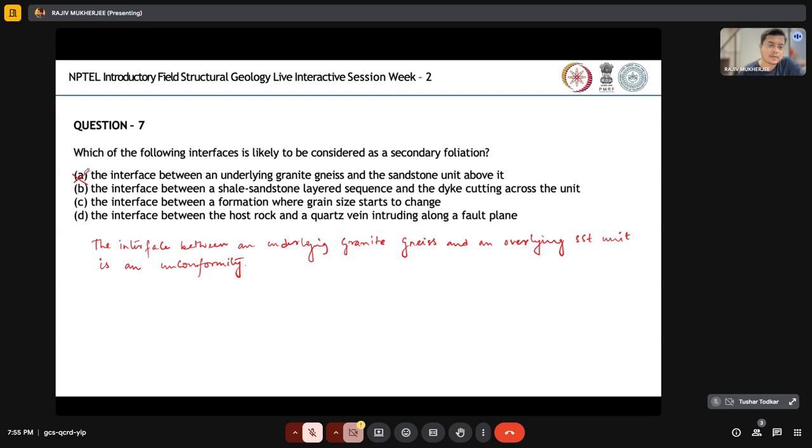So then comes option B, which says that the interface between a shale sandstone layered sequence and the dike cutting across the unit. So the thing is, a dike that is cutting across a shale sandstone layer, again, there has to be a difference in time period, right?